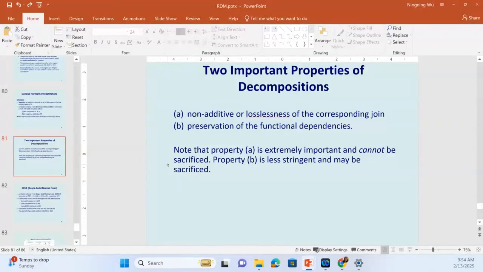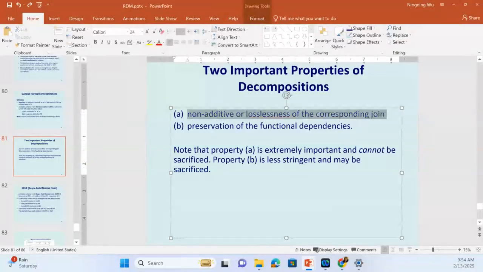That makes functional dependency much easier to understand. Anyway, when we do the normalization, we try to preserve these two properties. If for some reason we cannot, we always have to make sure that the first property, non-additive or lossless join, is always true. Then we may have to relax the preservation of the functional dependency. That's the one I want you to understand.